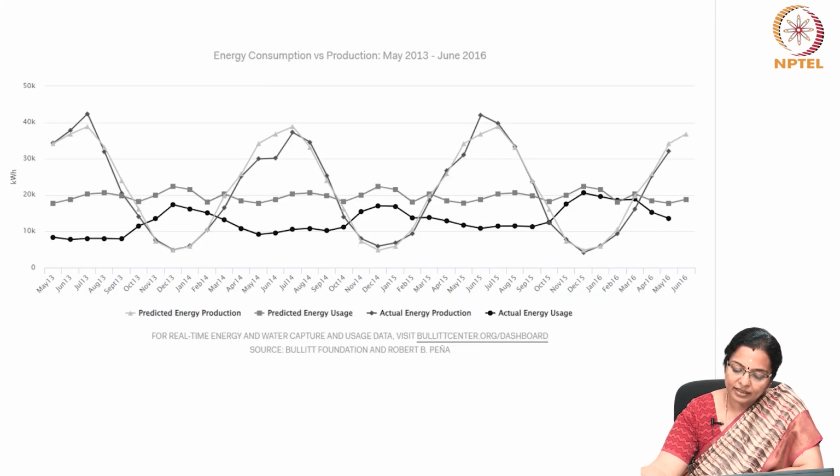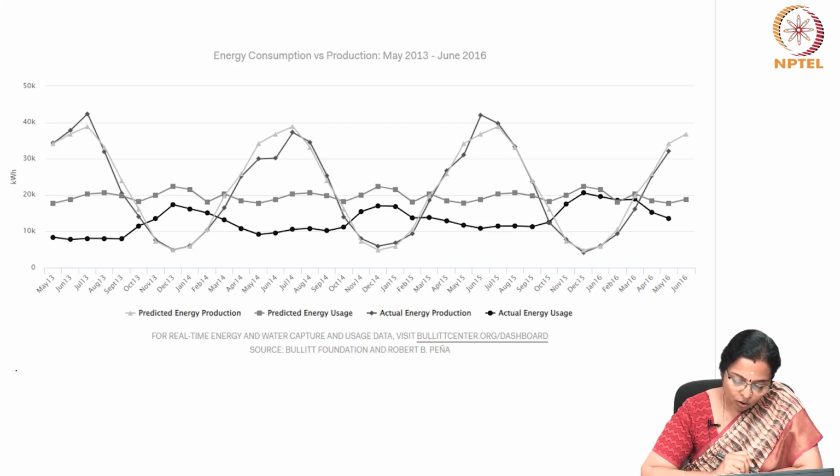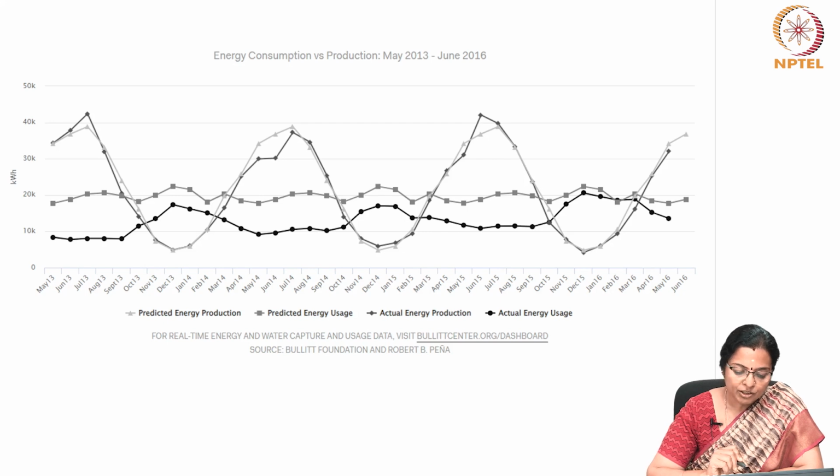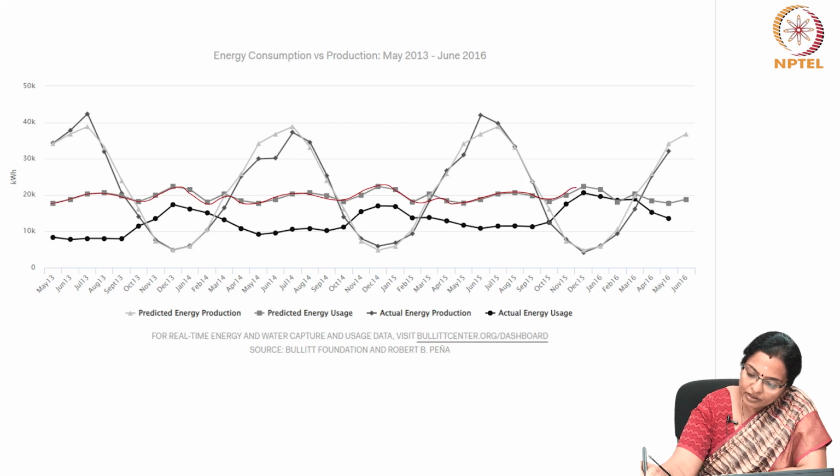If we look at the energy consumption of this building, the predicted energy of this building was simulated and the actual energy usage of this building was mapped against the predicted energy use. The simulated energy usage showed that this red line is the predicted energy usage.